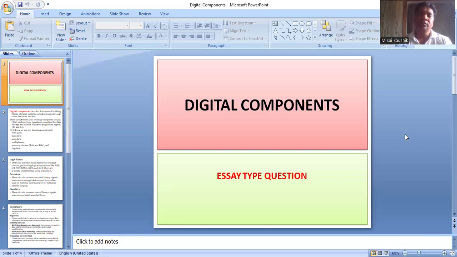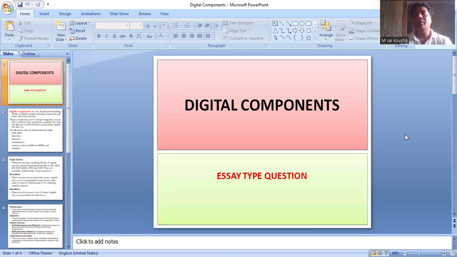The combination of all these components makes a structure called computer architecture. Architecture depends on organization. Architecture and organization together give us a system called the digital system, the computer system.